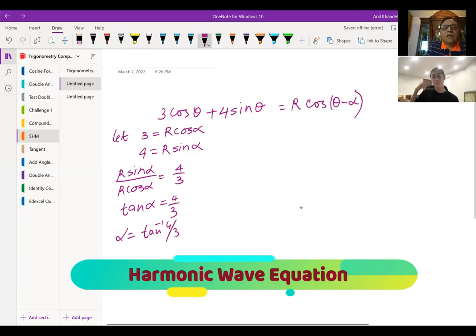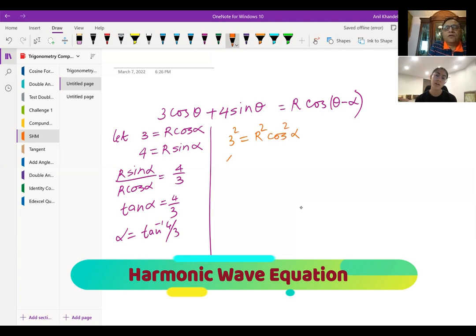Now, if I add their squares, what do I get? Let's take the squares: 3 square equals R square cos square alpha, and 4 square equals R square sin square alpha.